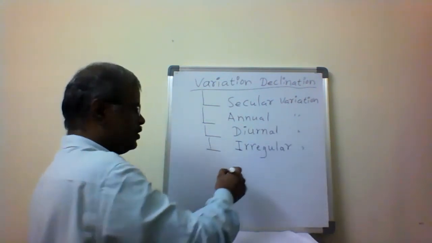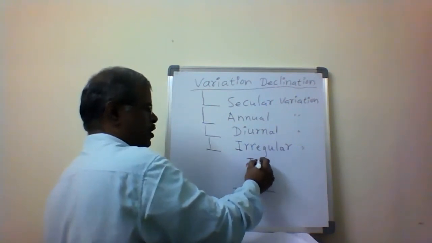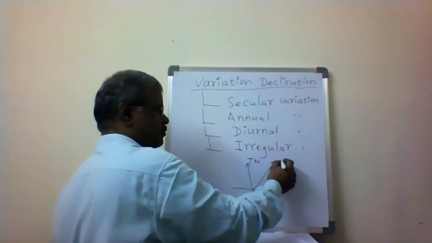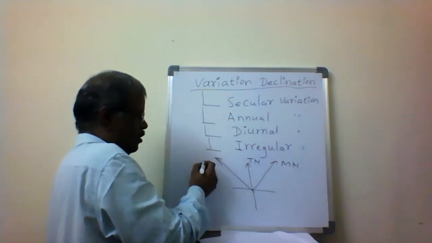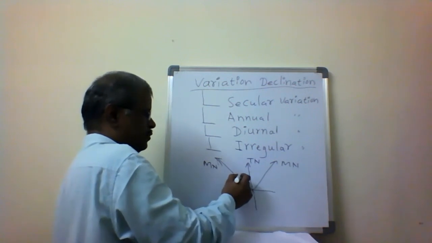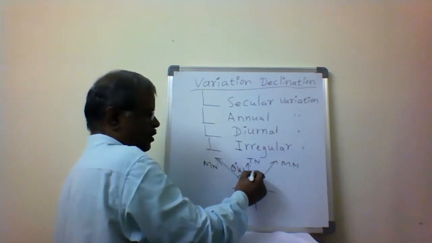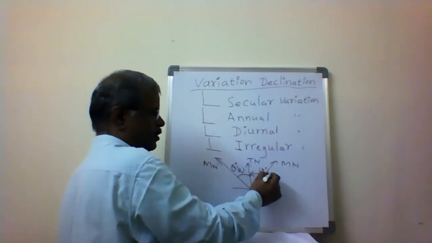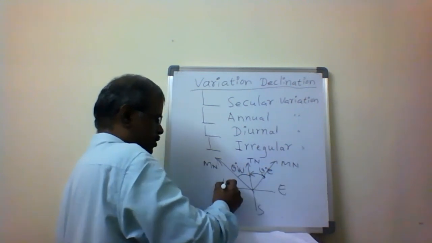The declination is measured between true north and magnetic north, theta degrees west or east, with the directions north, south, east, and west.